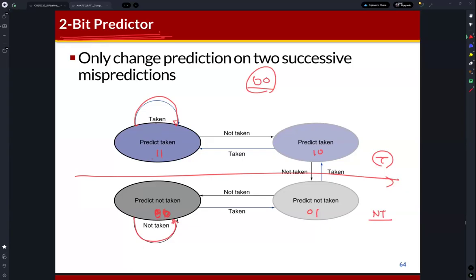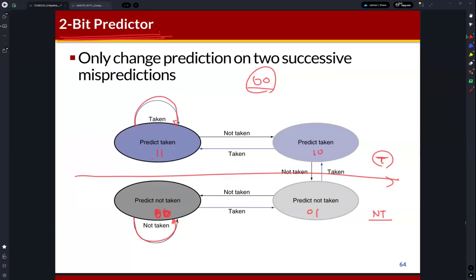Which means that to predict taken, the previous events need to be taken and taken, right? So this is the two-bit predictor. With the two-bit predictor, we start from 00, the initial value.